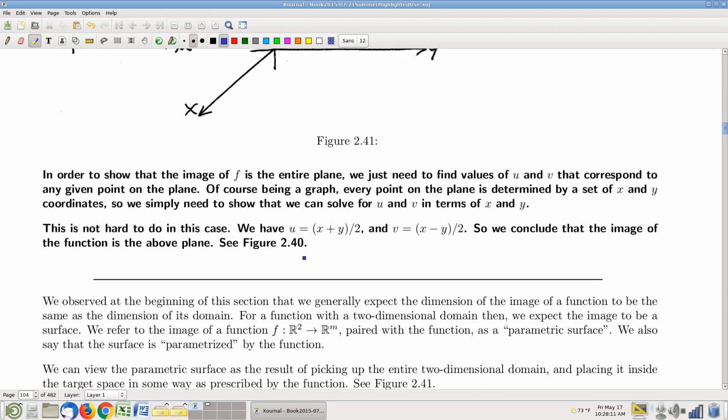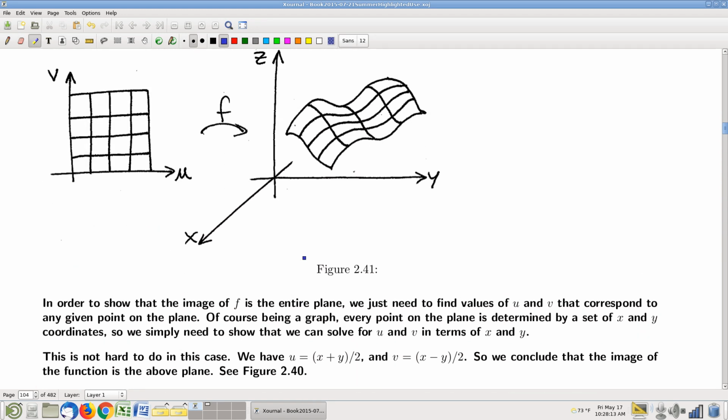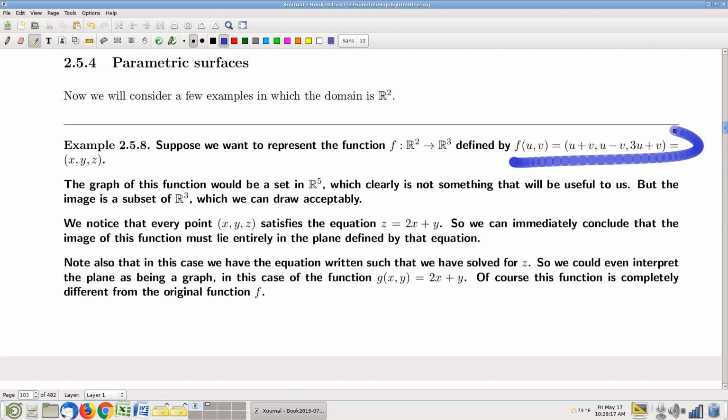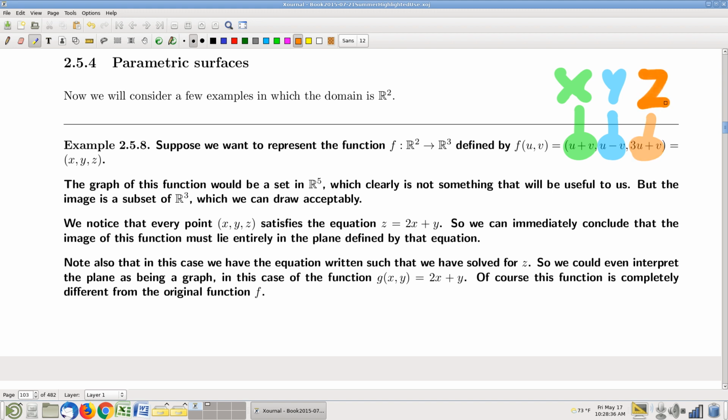So an example. Here's an example. Look at that function. Don't forget, when you have a parameterization, these outputs are variables. That's x. That's y. And that is z.